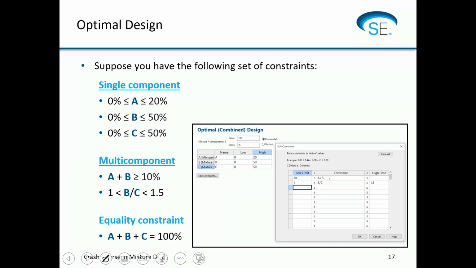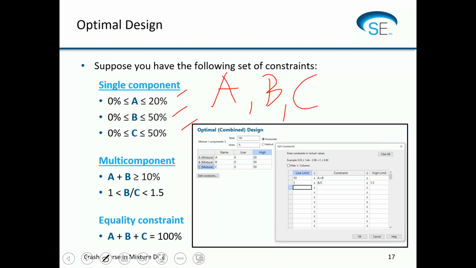Now, let's look at optimal design. This is a little bit more representative of what I would consider to be a real problem. It's still fairly simple. I kept it to 3 components just so that we can see the graphs very clearly and picture it. But this starts to get a little more realistic. So you might have 3 components. I'm just going to call them A, B, and C. Component A goes from 0 to 20%, B goes from 0 to 50%, and C goes from 0 to 50%.